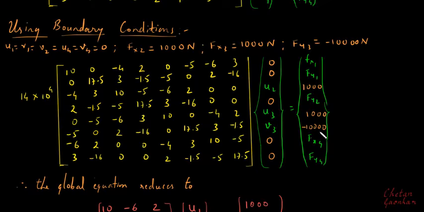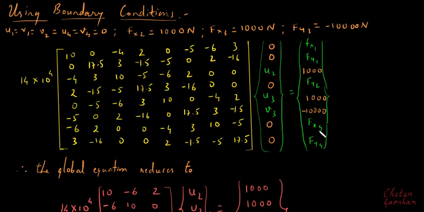Now once we do this, since these terms are 0, I can just mercilessly go on neglecting or cutting out these rows. For example, since the first term u1 is 0, I can just neglect this row and this column.